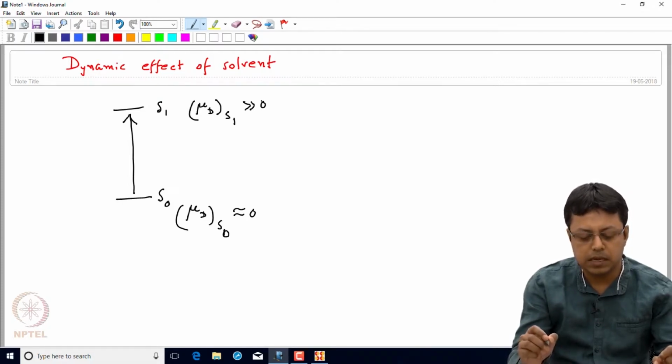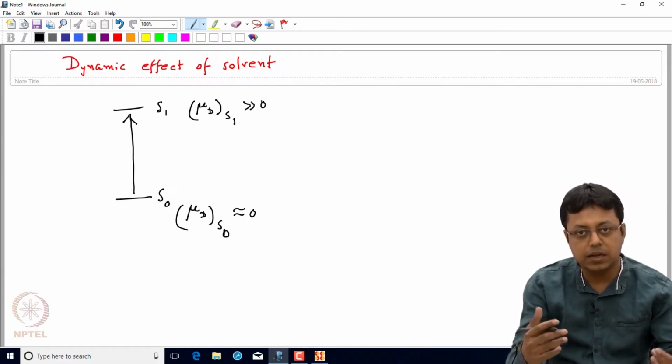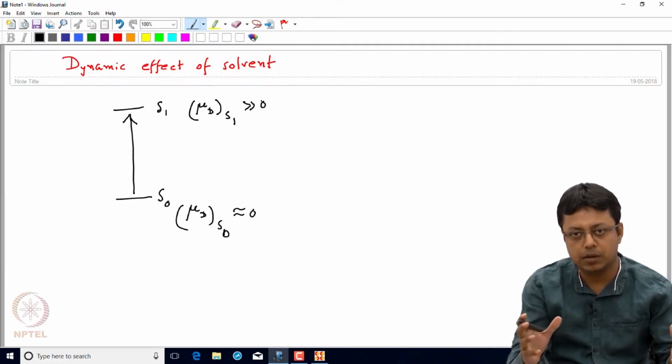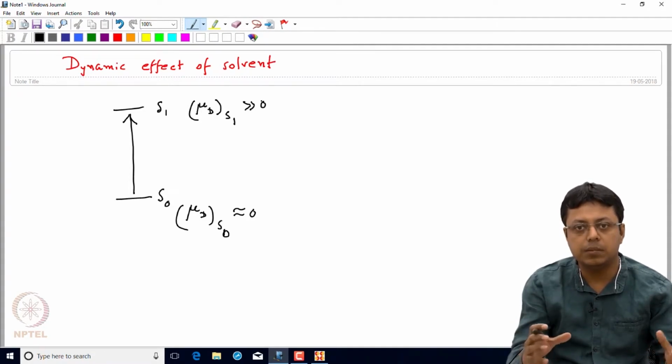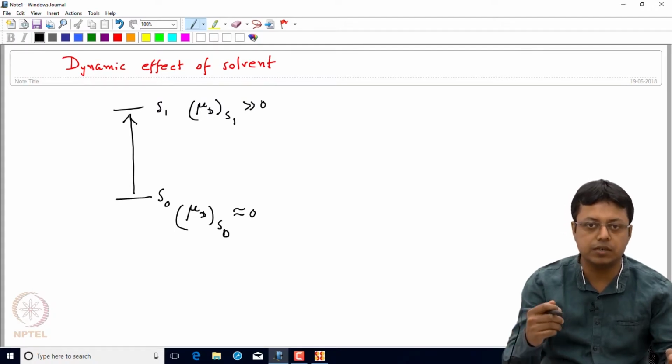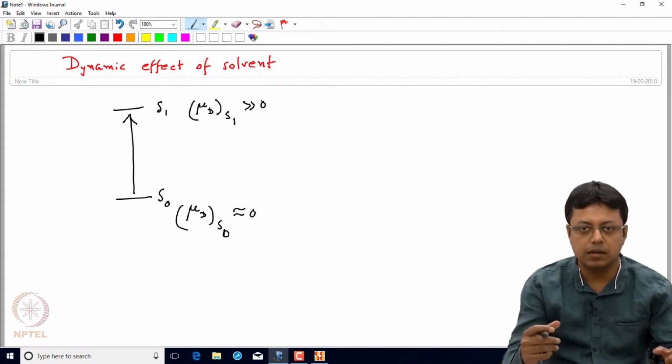Now this is related to what we discussed when we talked about electronic transition, the photochemistry part, and we said that there is a principle known as the Franck-Condon rule, and the essence of it is that the electronic transitions are so fast that the nuclei do not have enough time to reorganize themselves.